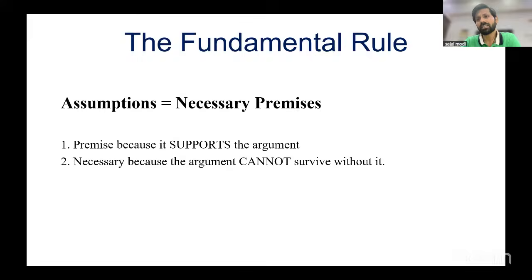And unlike an ordinary premise, it is never stated explicitly. More importantly, it is necessary because if we remove it, the argument falls apart. If the argument can survive without any of the options, then that option cannot be the assumption, right?